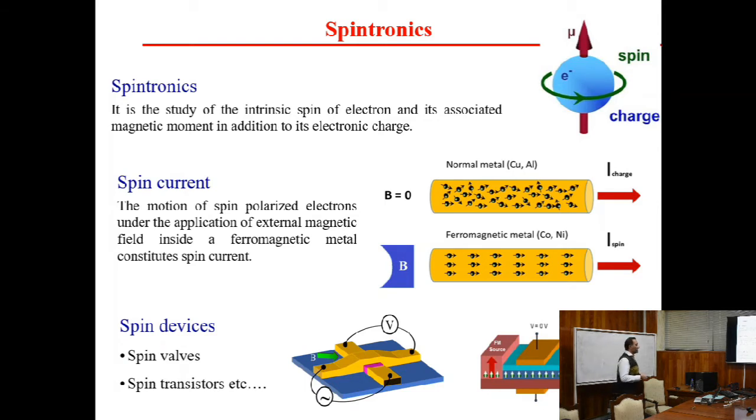You have one electrode, a channel, and another electrode. By applying the gate voltage, you can tune the conductivity and the mobility of the charge carriers through the channel.